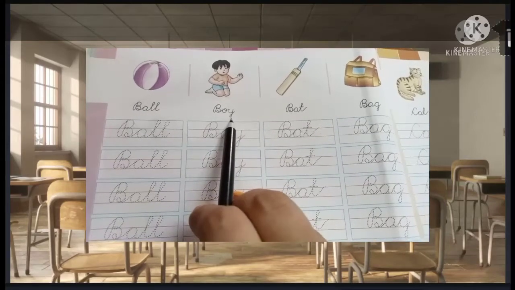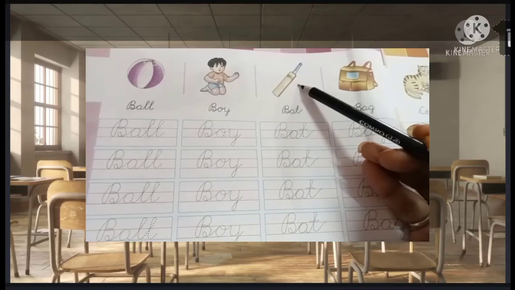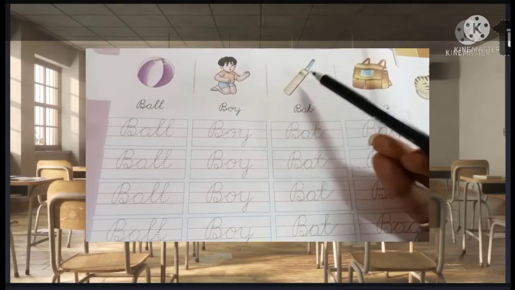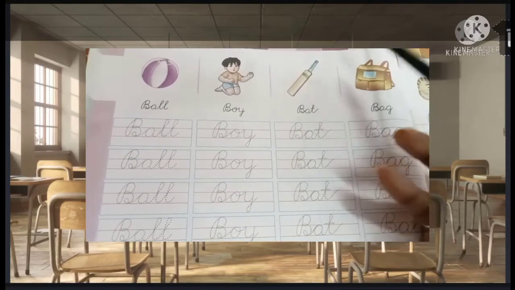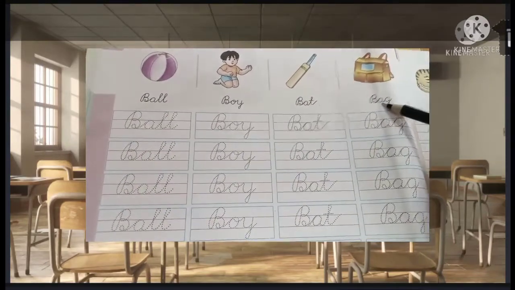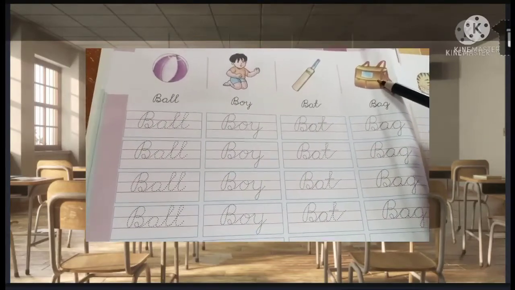B-O-Y. Done? Next. This is a picture of bat. B-A-T. Bat. Okay? Next. Bag. B-A-G. Bag.